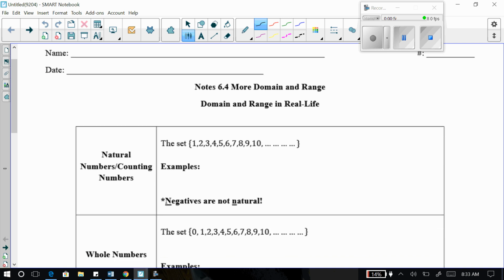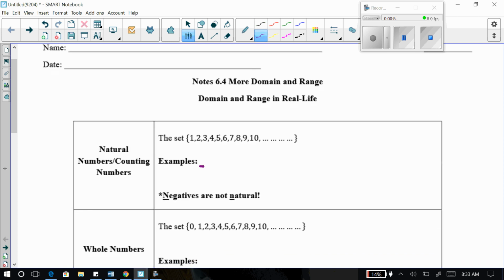So 8 could be a natural number, 10, 100 could be a natural number. It's important to note that negatives are not natural. For example, when you start counting, you don't go -2, -1, 0. You naturally go to 1, 2, 3, 4, 5, so on and so forth.